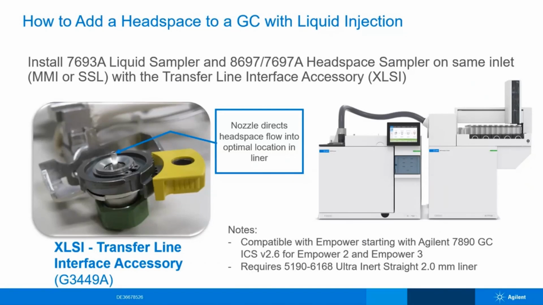It is compatible with all of Agilent software as well as Empower, starting with Agilent ICS v 2.6 for Empower 2 and Empower 3. And you can see the part number below for ordering if you would like to retrofit.